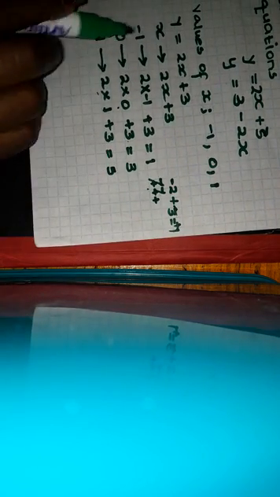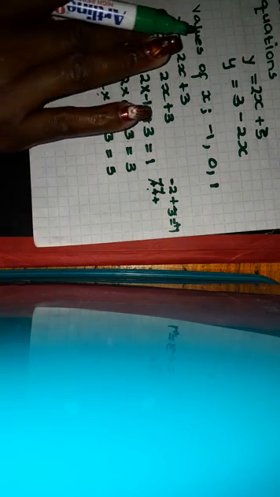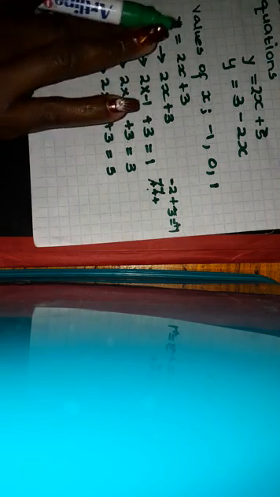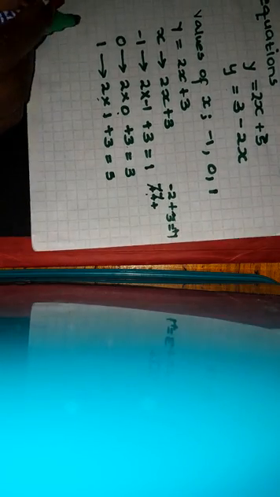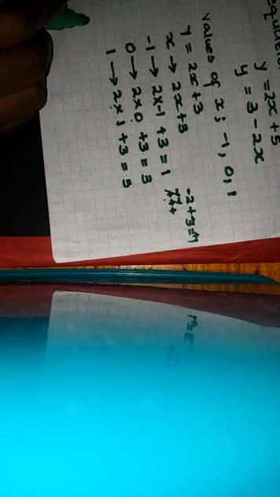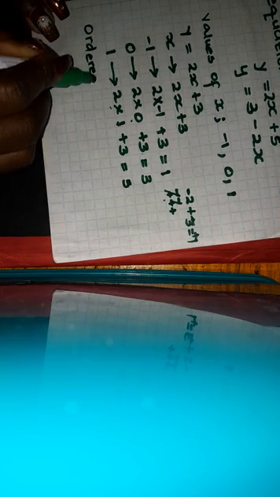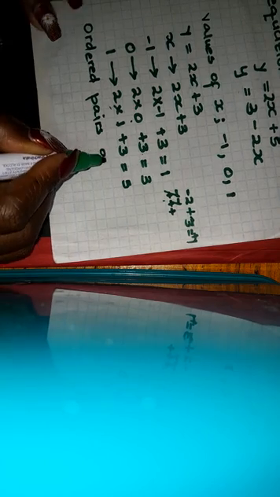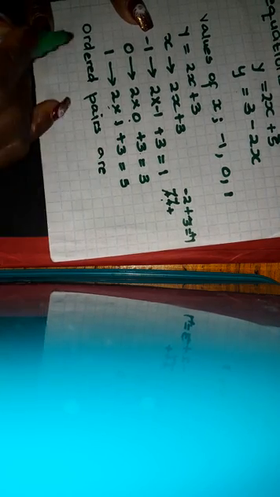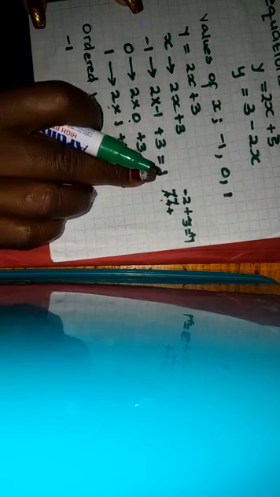Write this as ordered pairs, whereby you're going to take the input values, which are the values of x, then the output this side. So it means our ordered pairs are: -1, which is this one, comma 1.